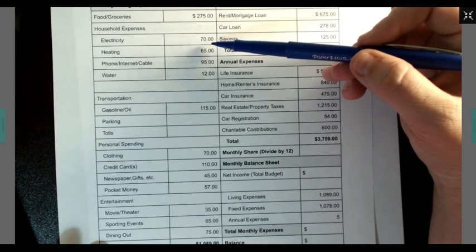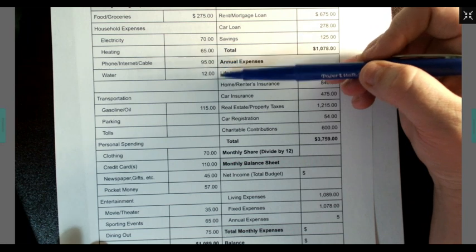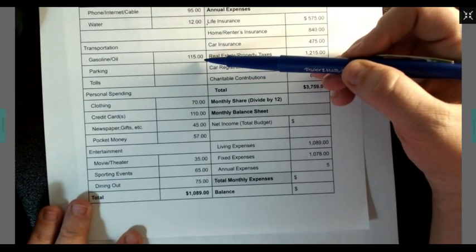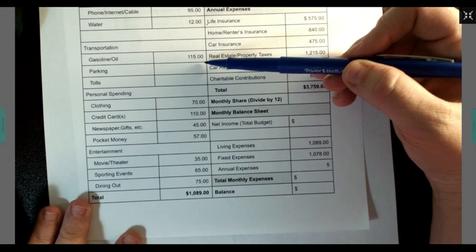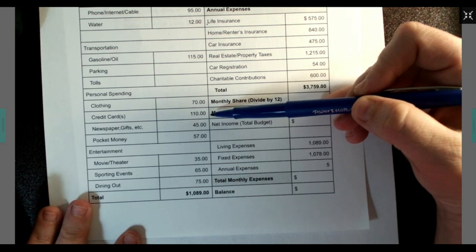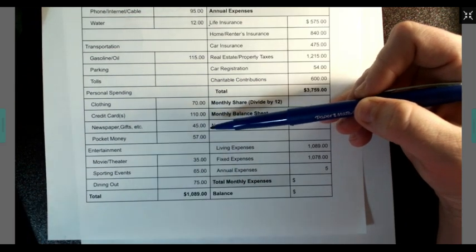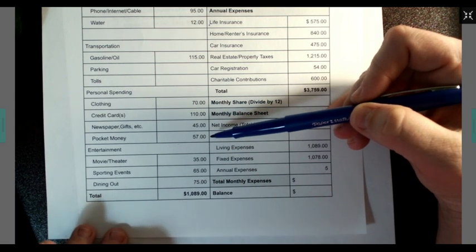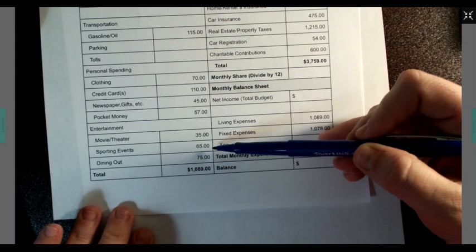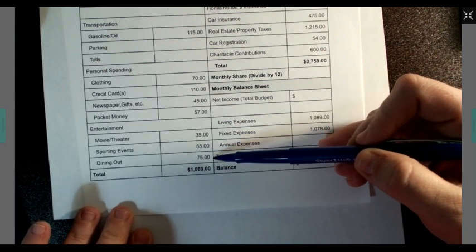They have household expenses that are 70, 65, 95, and 12. They have gasoline that's 115. Personal spending was 70 for clothing, 110 for credit cards, 45 for newspaper and gifts. Pocket money was $57. Entertainment was 35. Sporting events was 65. Dining out was 75.